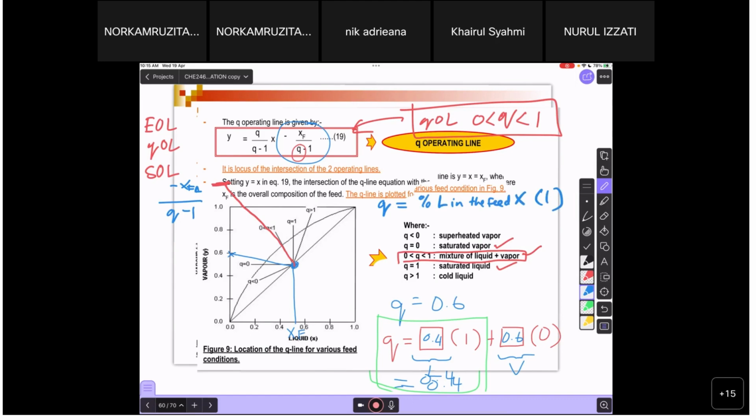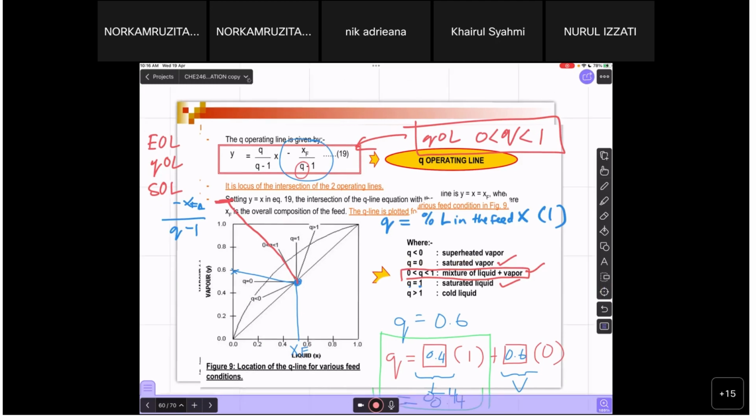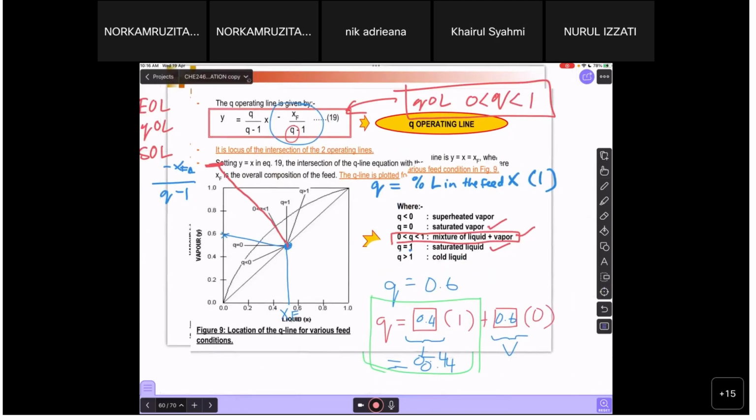Because Q equal to 1 for saturated liquid, the multiplier is 1. But for vapor, the multiplier is 0. Tapi kalau dia 0, tak perlulah. Nak darab dengan apa pun, dia tetap 0 juga kan? So if you want to add more, you can add if you want, but no need lah. Just use this formula. So that is Q.